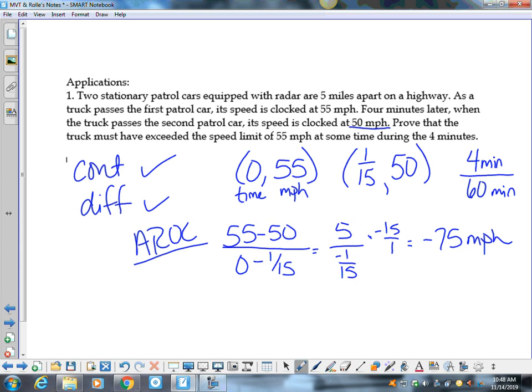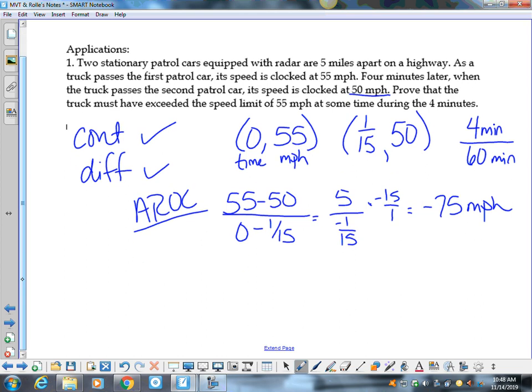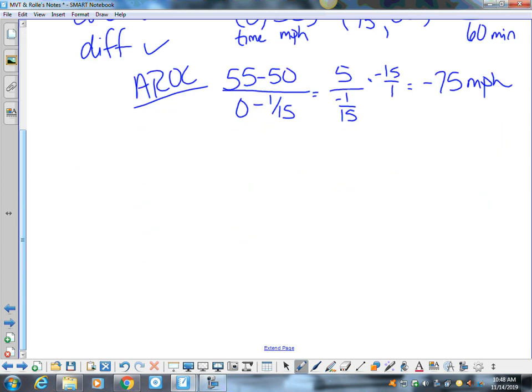So you have to use calculus to justify that. So what you've just found is the AROC. Well, you have no formula to take the derivative of, but you're going to use the MVT to justify your answer. So by the MVT, just watch, and then you can pause this and write it down.